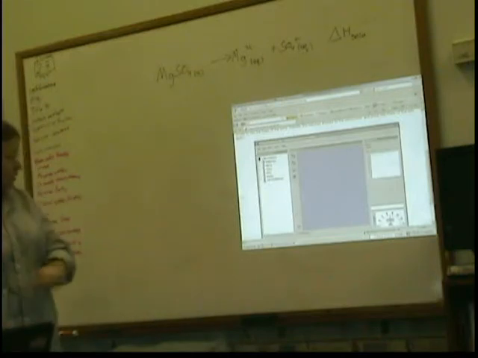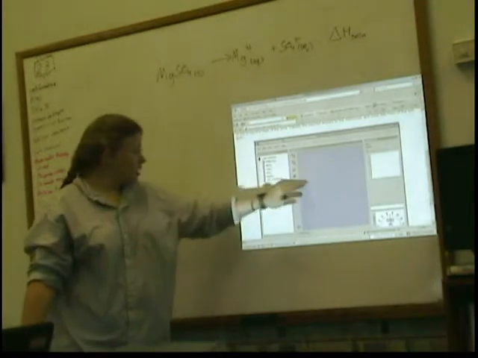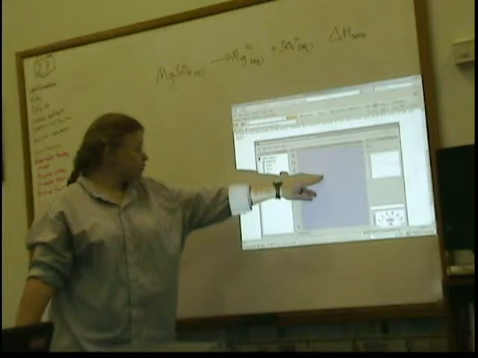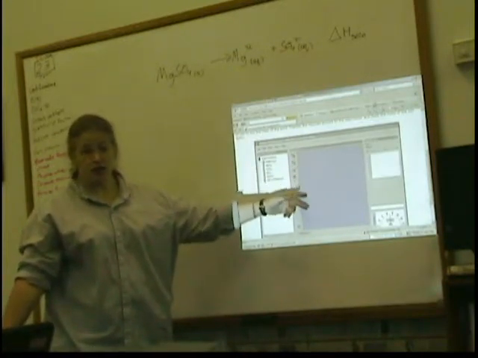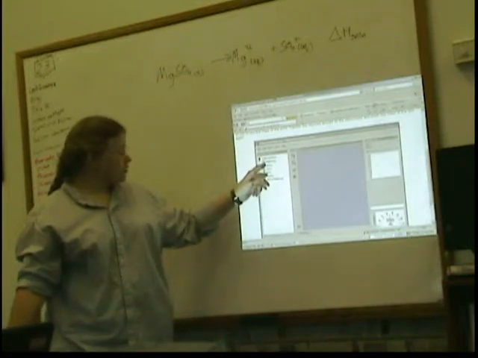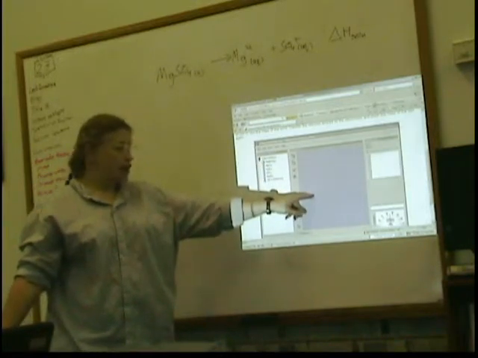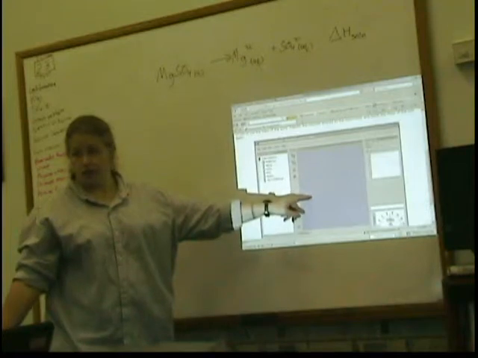So the idea is we're going to put some water, and we're going to put some magnesium sulfate, and we're going to dissolve some in the water, and then we're going to see how much the temperature changes. Now, obviously, the amount of magnesium sulfate we put in will make a difference as to how much the temperature changes.